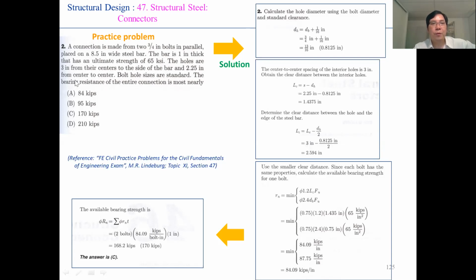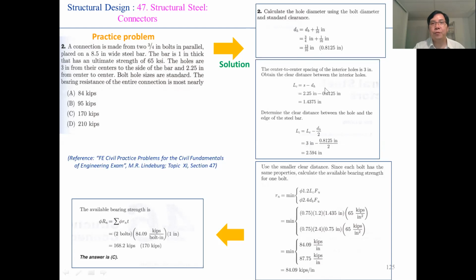So you have here 4 possible options. So the solution for this problem, firstly, you can calculate the hole diameter using the bolt diameter and standard clearance by this equation: D_H equal to D_B plus 1/16 inch, and you can find the result.